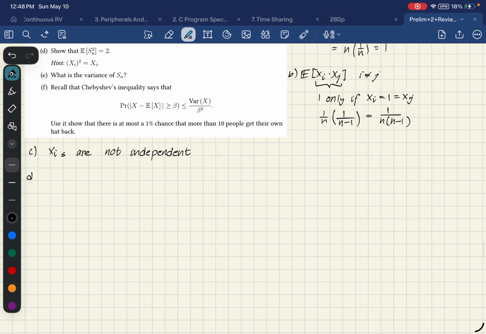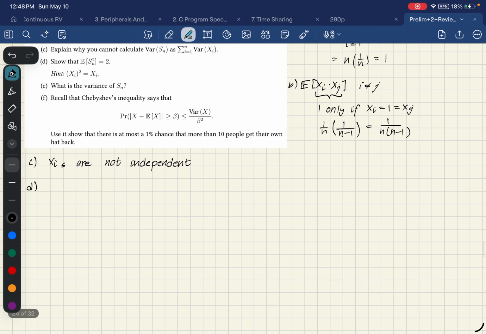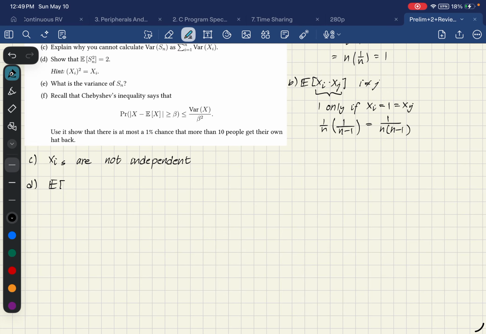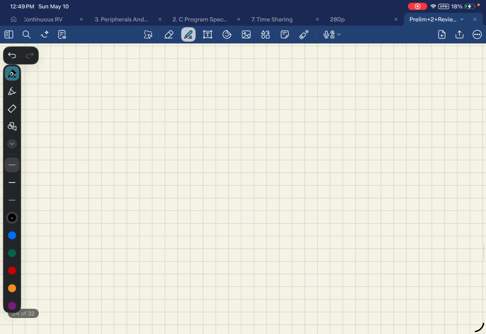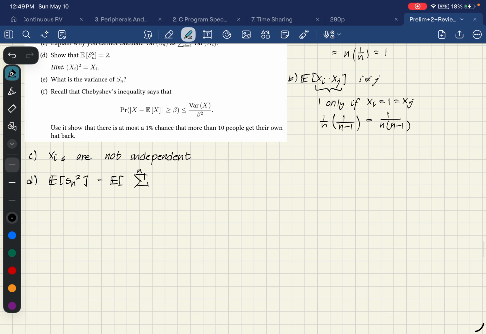D is asking, what's the expected value of s sub n squared? Or show that it's equal to 2. So that's just asking the expected value of this sum squared.